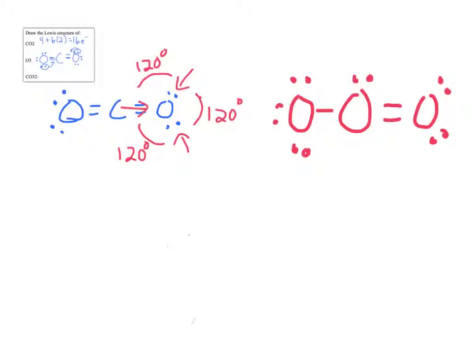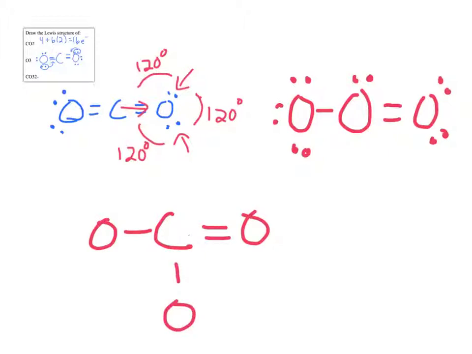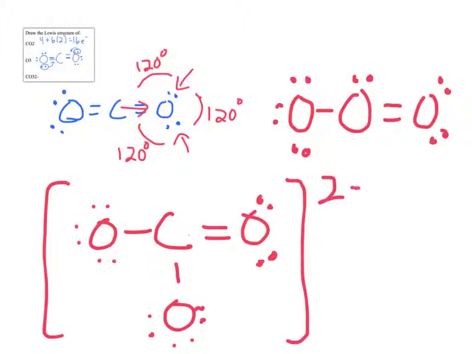So I have, take 2, my carbon connected to 3 oxygens. And I'm going to have a double bond to one of those oxygens. And because it's an ion, I'll put brackets there and the charge of -2 outside.